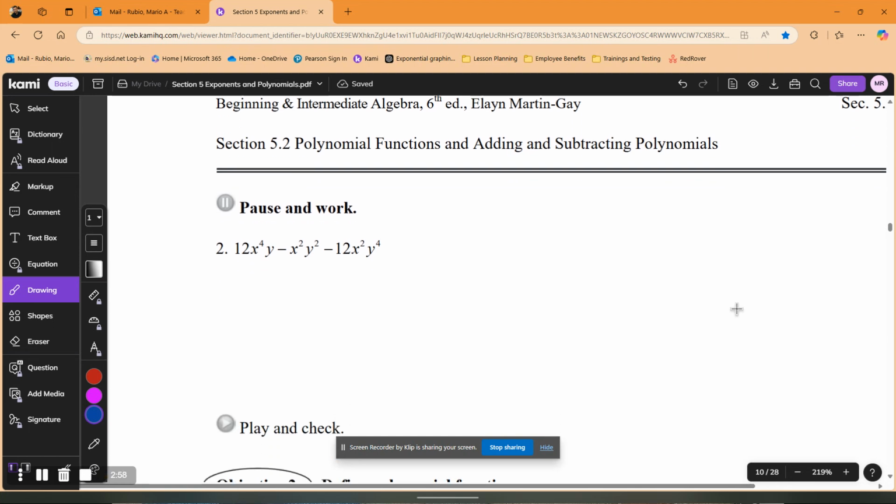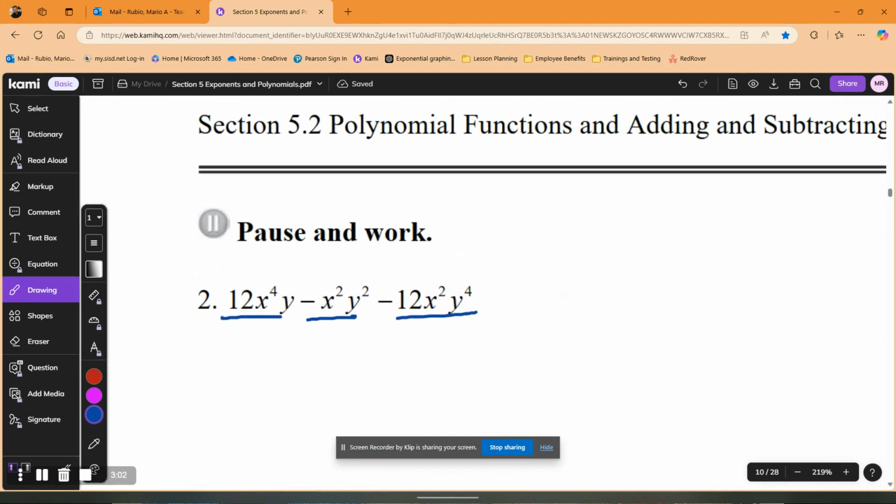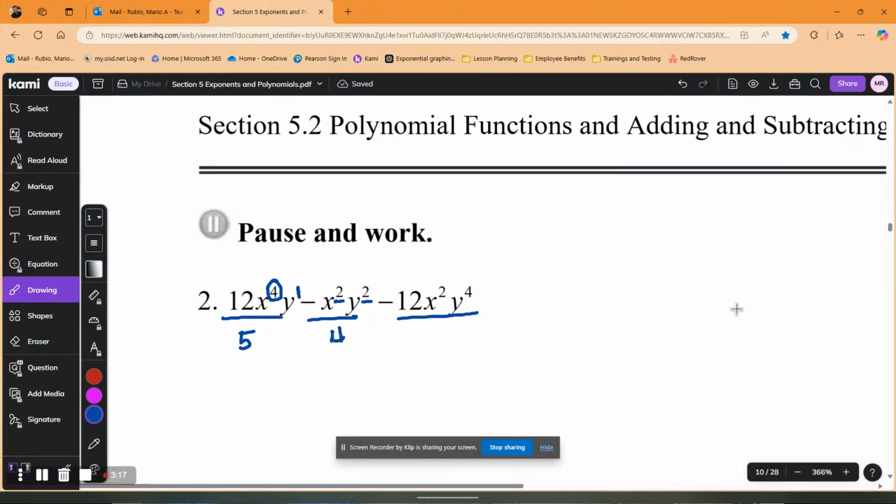Now this, how many terms? 1, 2, 3. What we need to do is add the exponents for each term. So for example, this is a 4, and we said we're going to assume there's a 1 if there's no exponent there. So 4 plus 1 is a degree 5. 2 plus 2 is 4, and 2 plus 4 is 6. So these are the degrees.